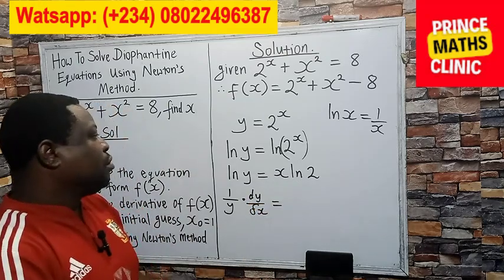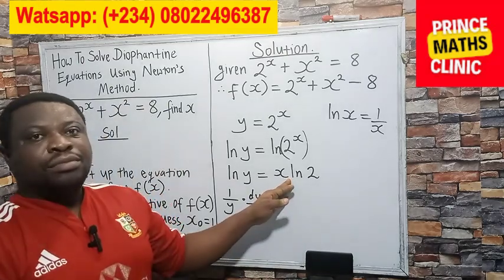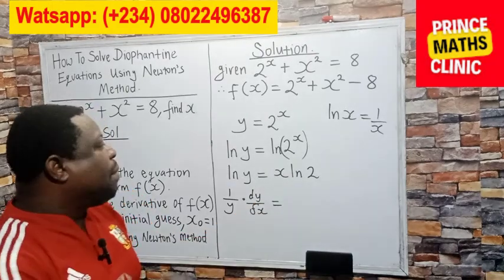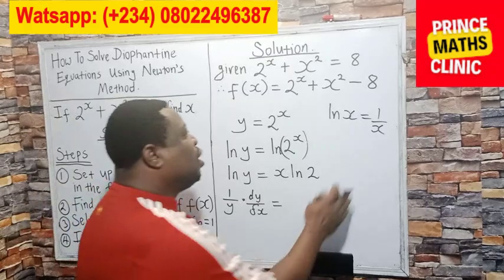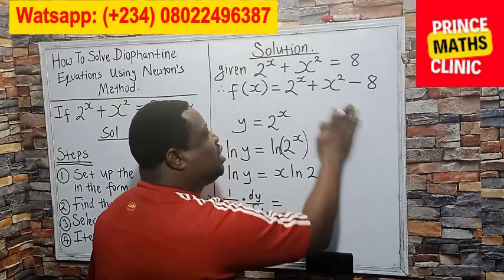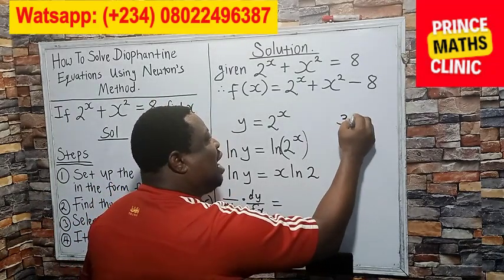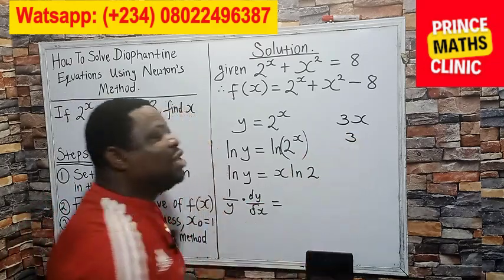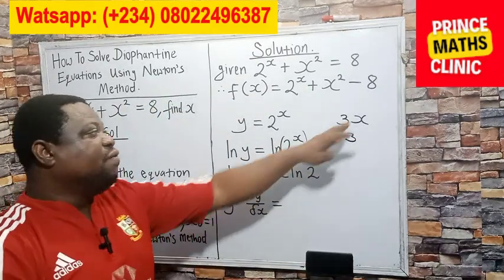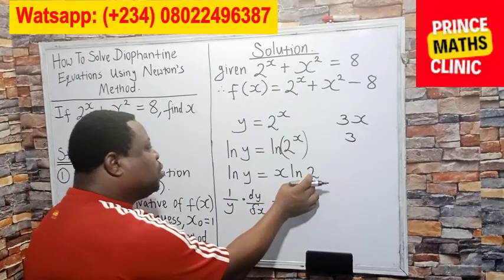Then, at this part, what I'm going to do is treat ln 2 as a constant. If you want to differentiate something like 3x, you get 3, right? You just pick out the constant, the variable goes. That's what I'm going to do.